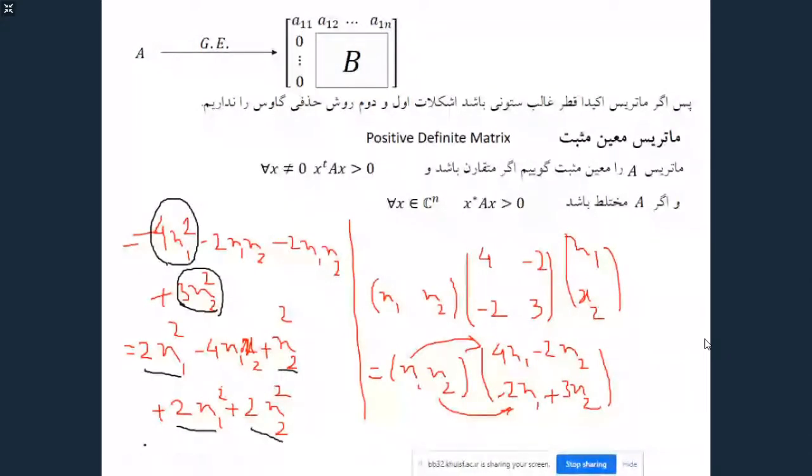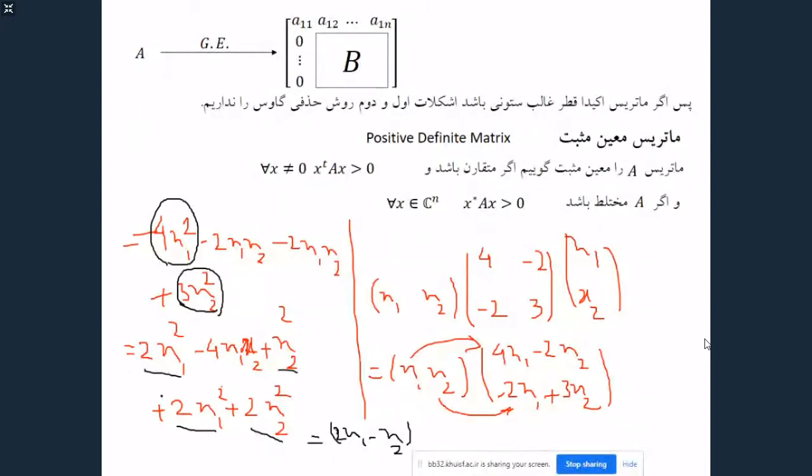So notice that it is, sorry, it's 2x1 minus x2.